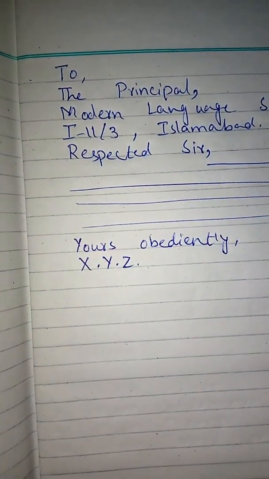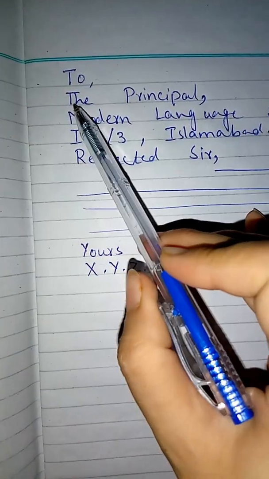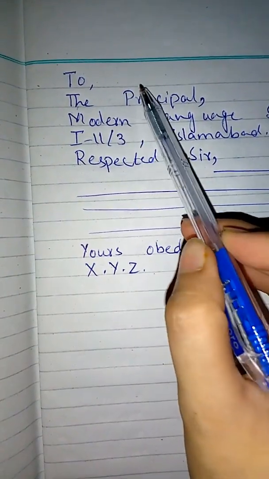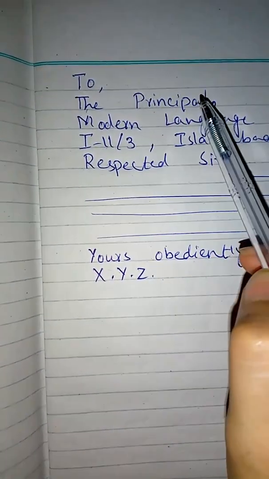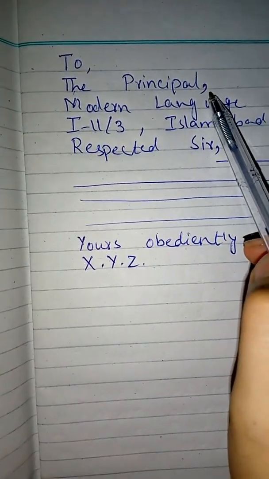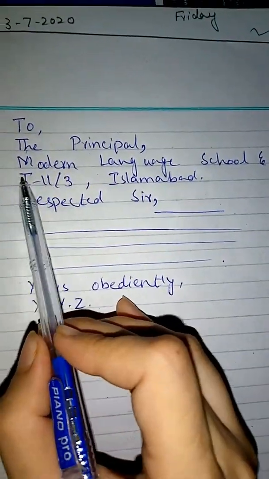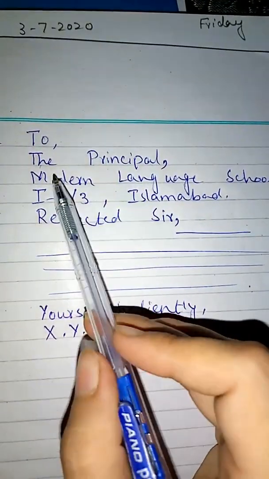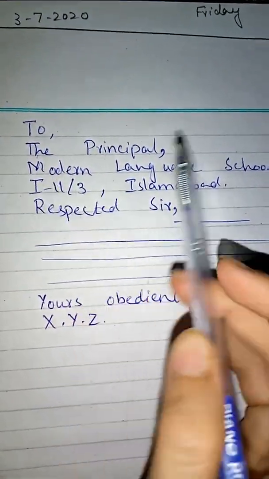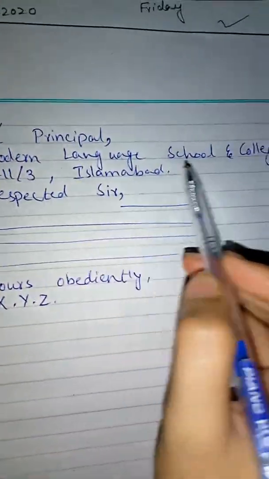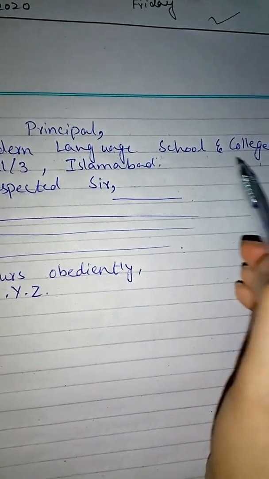After "To" you have to put the comma, the principal. P will be capital. After principal you will use comma, then your school full name, Modern Language School and College. Modern's M will be capital, Language L will be capital, School's S will be capital.